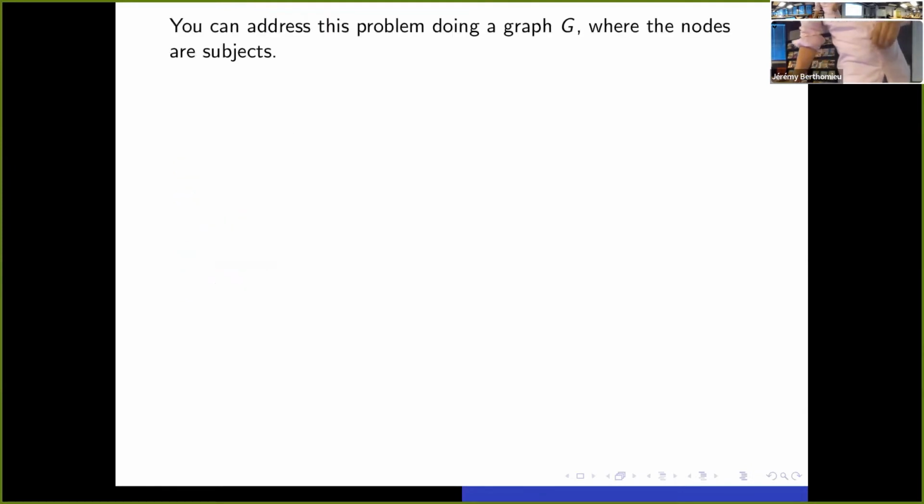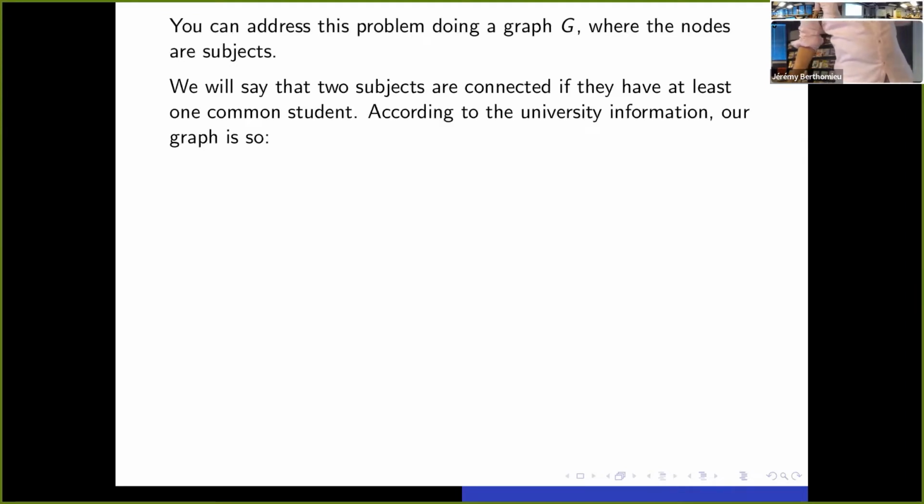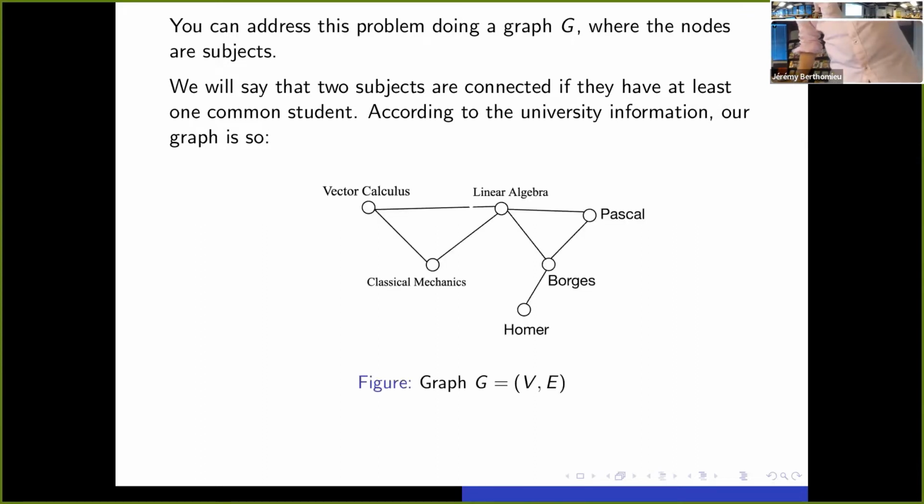You can address this problem by making a graph G, where the nodes are the subjects. We will say that 2 subjects are connected if they have at least one common student. According to the university information, this is a fiction, our graph is this.